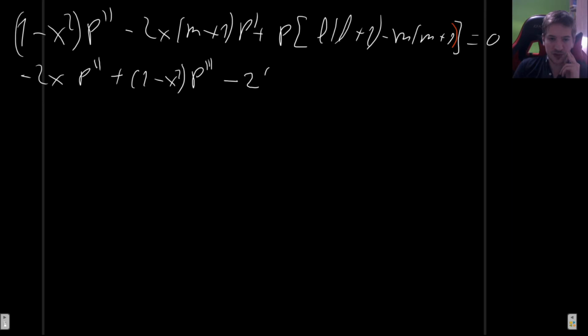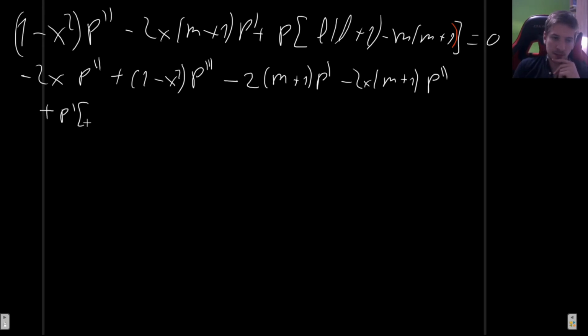So we get minus 2(m plus 1) p prime, and now we get minus 2x(m plus 1) p prime prime, and finally we have to take the derivative of this, but because this is a constant, it's just going to be p prime times l plus 1 minus m plus 1. And this has to be equal to 0. So here we took the derivative.